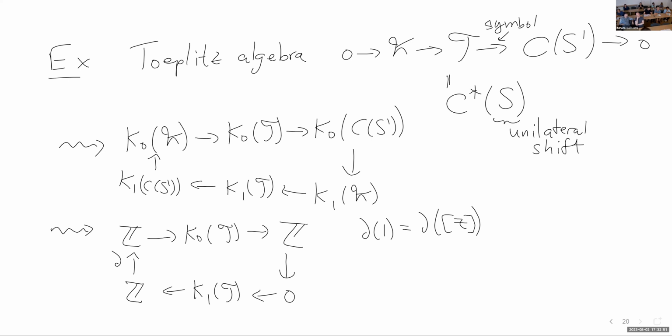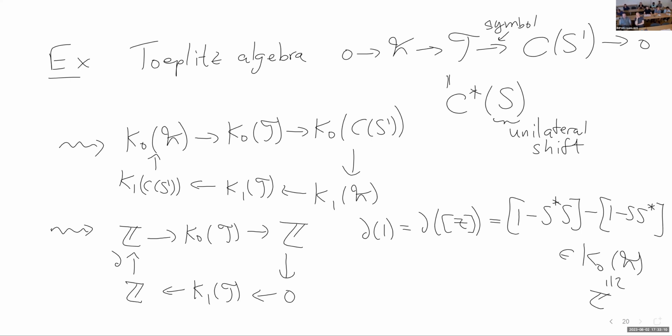So this is the class of 1 minus S S star minus 1 minus S star S. So this is living in K0 of K, so it is Z by the rank. So I just need to know what the ranks of these operators are.